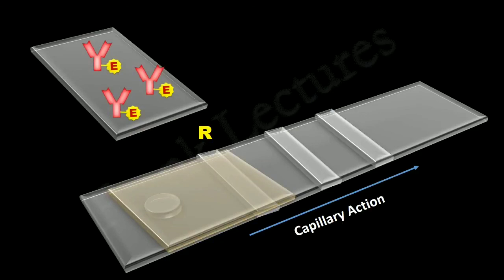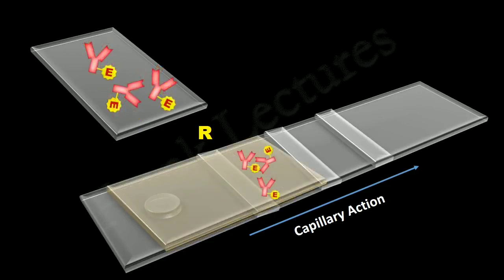Now, when urine arrives at the reaction zone, the antibodies of the reaction zone have nothing to bind to. This is because urine lacks HCG. But, because the reaction zone antibodies are loosely attached to the strip, they get detached and move further with urine.